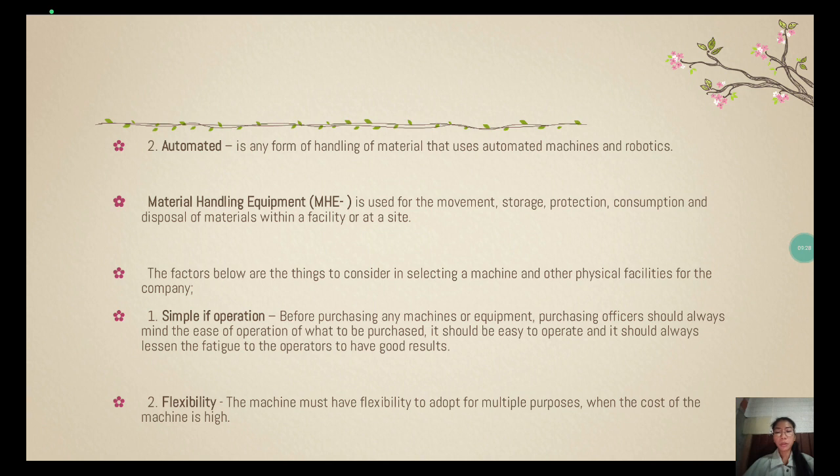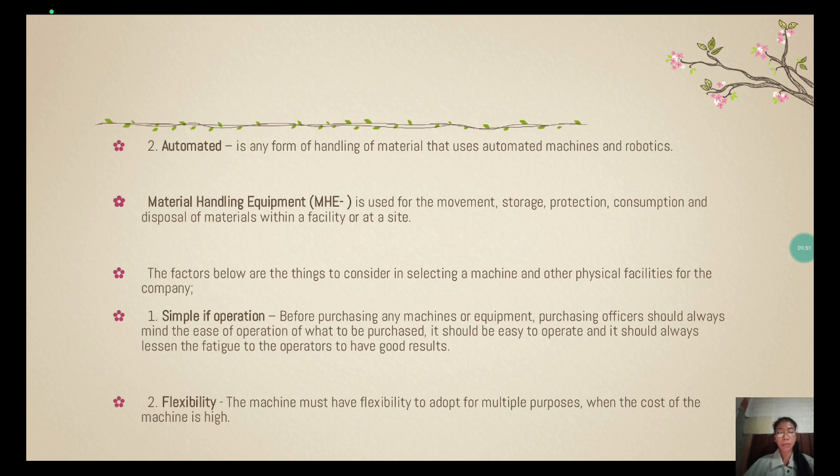The factors below are the things to consider in selecting a machine. Simplicity of operation. Before purchasing any machines or equipment, purchasing officers should always mind the ease of operation of what is to be purchased. Flexibility. It refers to how much a system can change in order to create new product types.